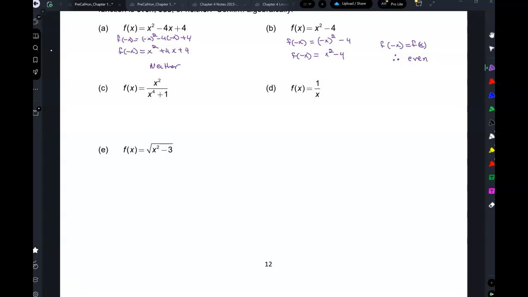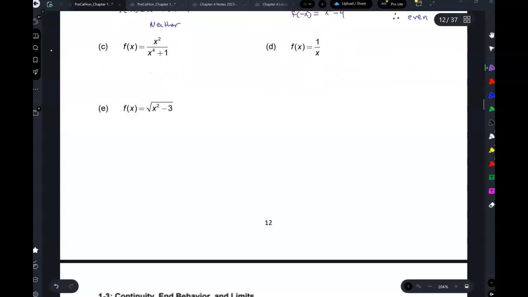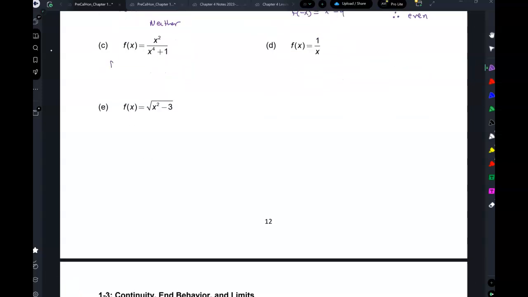Now look, moving along, as you move into higher level math, no one's going to ask you, is this even or is this odd? They're going to say, show that this is an even function. And then you have the answer. Now it's about the work, right? So you have to show work, and this is the justification.